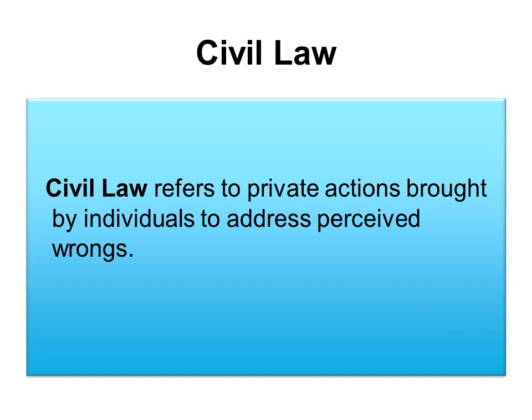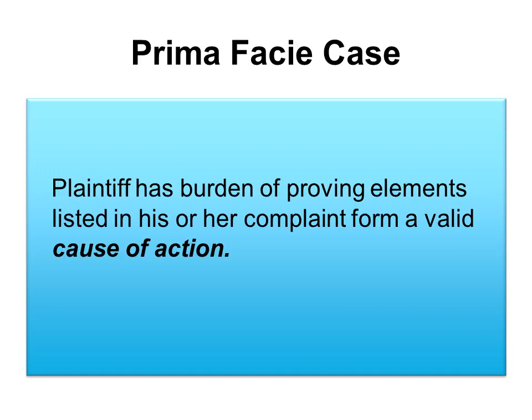Moving on then to civil law, and again, civil law refers to private actions brought by individuals to address perceived wrongs, but we're going to look again at, in contrast to criminal law, the concept of a prima facie case. The same burden comes around.